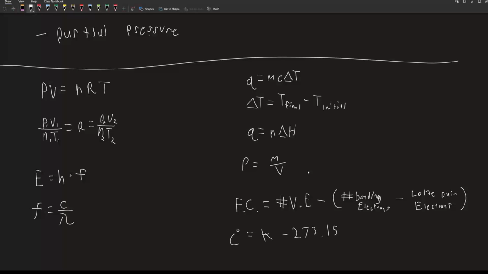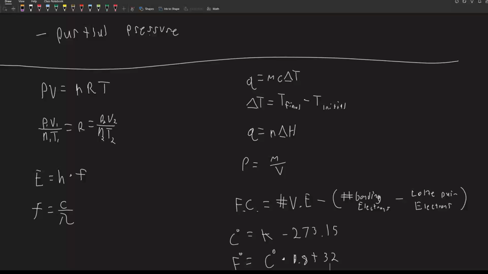And you'll also need to know that Fahrenheit equals Celsius times 1.8 plus 32. I think that might be all the equations you actually need.